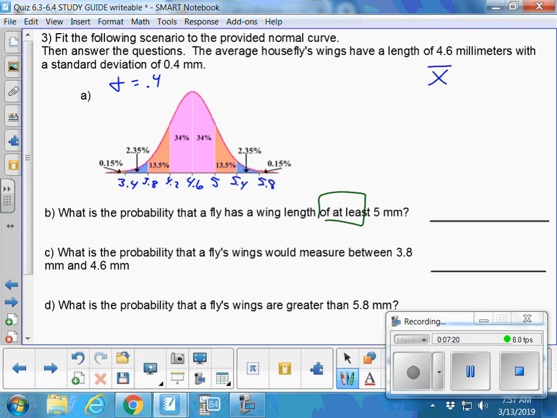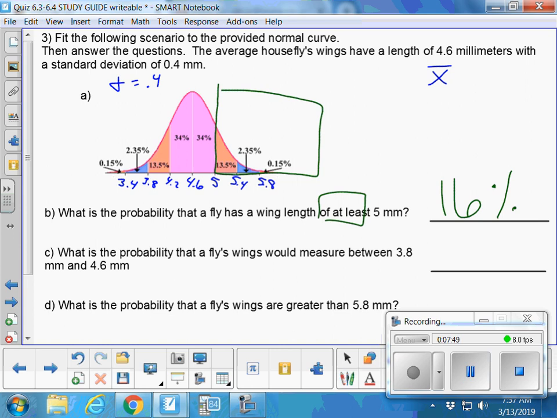Does that mean 5, 4, or 3 of you will get an A, or 5, 6, 7, and 8? 5, 4, 3. Right, so you're going to be going up above. So you start at 5 and add up all the zones above 5. 16%, I agree.